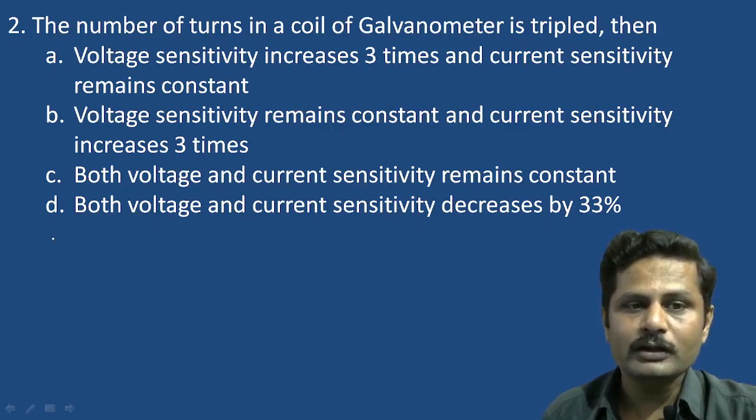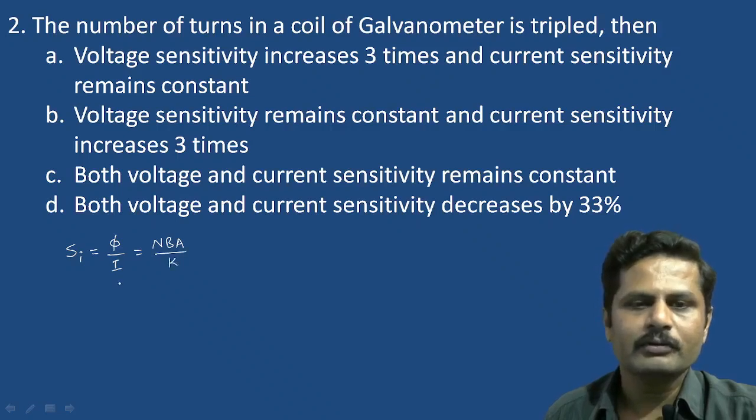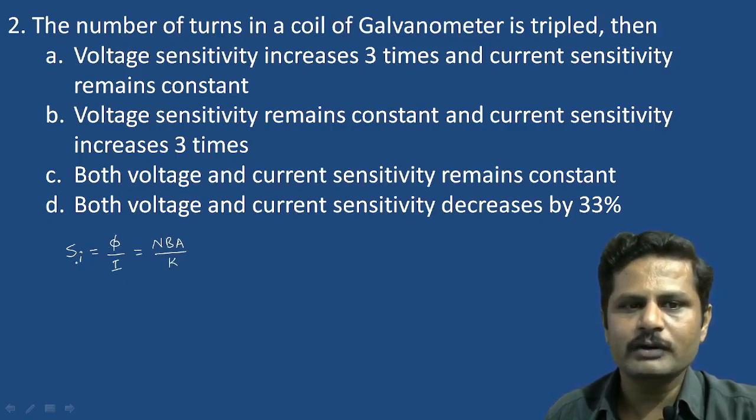As we know, current sensitivity is the deflection produced in the galvanometer per unit current, and this is given by NBA by K. Now as the number of turns increases, the current sensitivity increases.